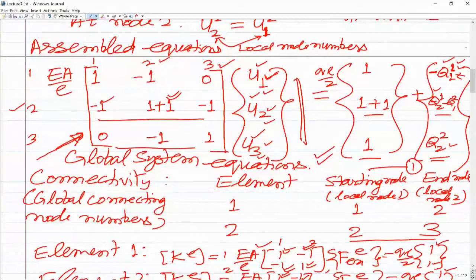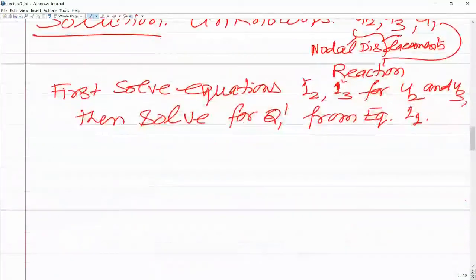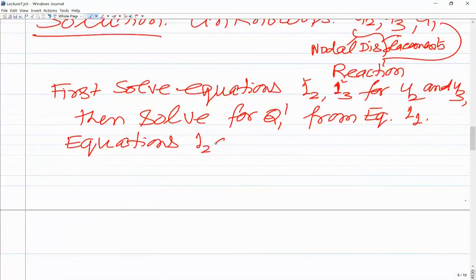So we will have only the second row, second column and third column, because U1 is equal to 0. The first column of the global stiffness matrix will be eliminated because u1 is equal to 0. So for equations 1 2 and 1 3, I will have EA by L common, and the second row, second column is 1 plus 1, that is 2, and second row third column is minus 1.